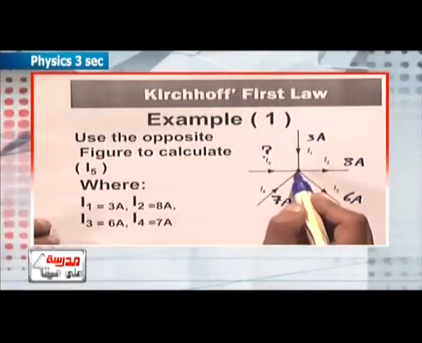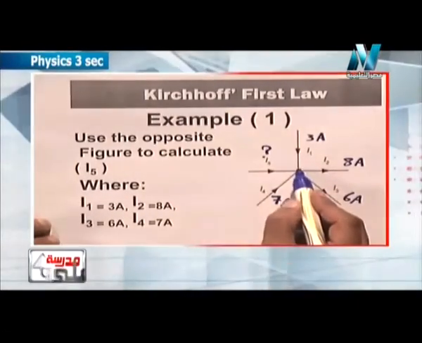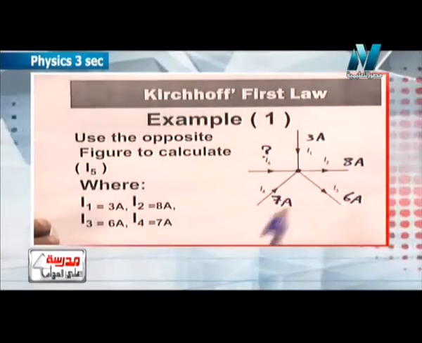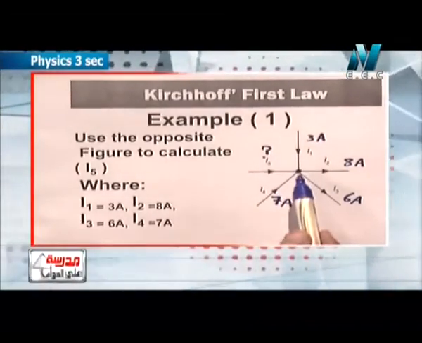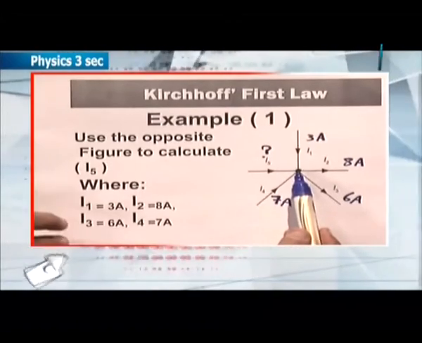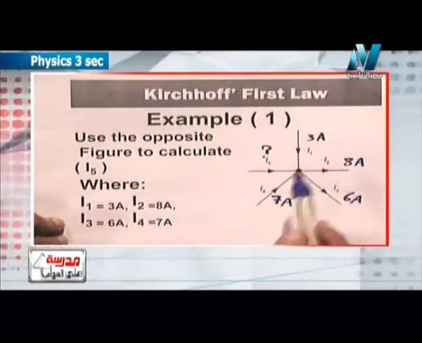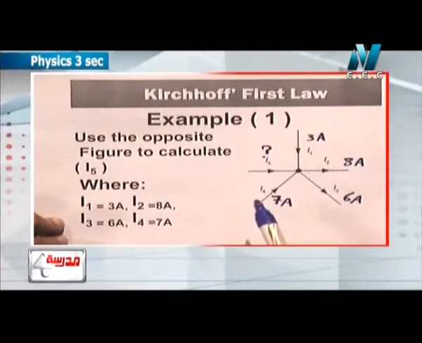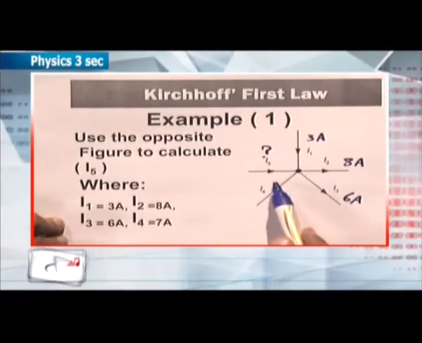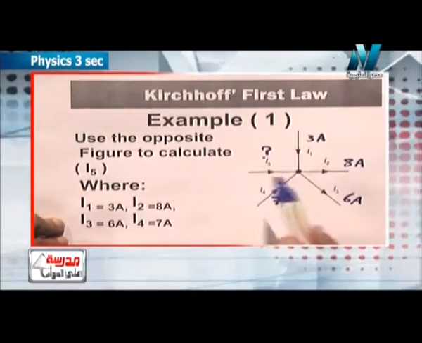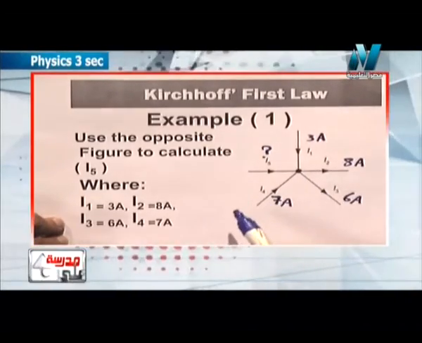The most important part in our lesson today, Kirchhoff first law, is to indicate the node. That's the junction, as we said before, the point at which the current meets or the current splits. At that node, you have to indicate which current enters the node and which current leaves the node.